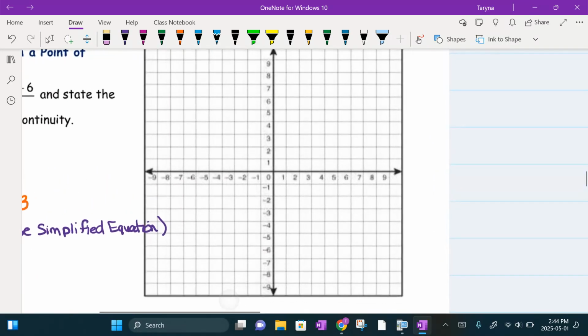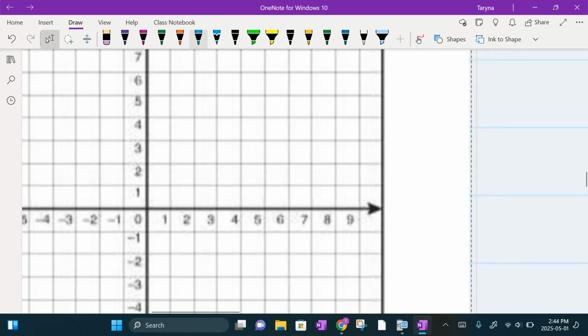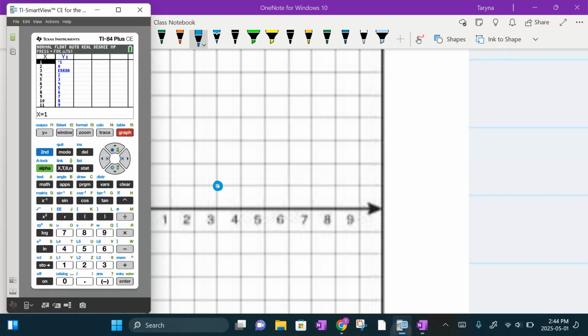Hello, point of discontinuity. So we go to 3, we go up to 1, and guess what goes there? A little circle that is open. Because is every single ordered pair other than that one a closed circle? Yeah, because all the other ordered pairs exist. Right, so then just pick a few, pick some more to get your line. And remember, they can come all off your calculator.